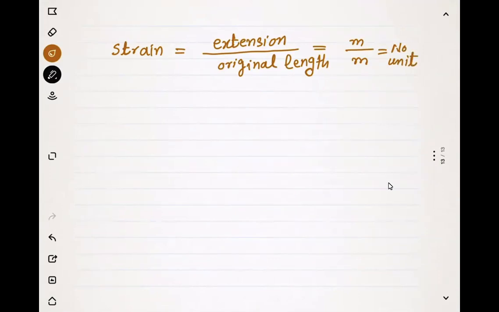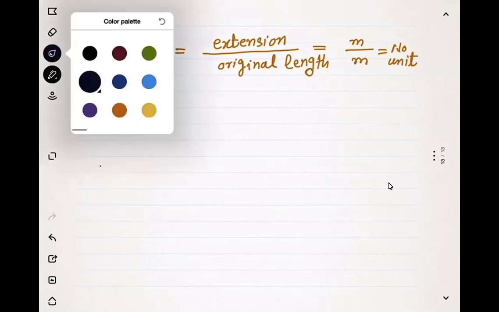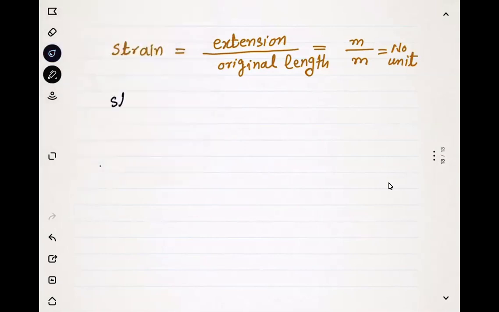So strain has no unit or base unit. The quantities which have no units or base units are called dimensionless. Strain is dimensionless. What is meant by dimensionless?